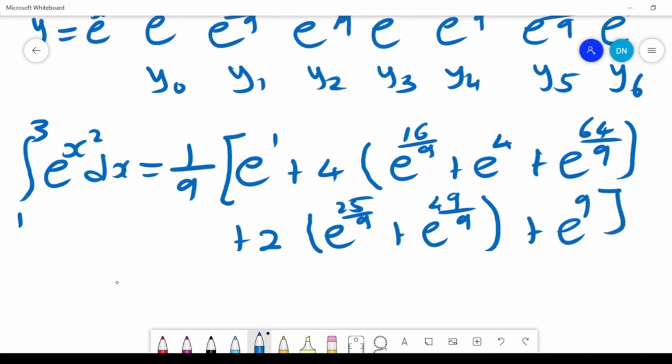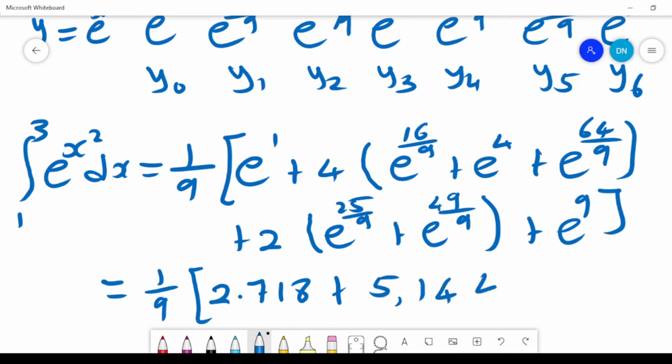And therefore, if you do all those computations, it will give you 1 over 9. The first value is e raised to power 1, which is 2.718. And then the second part, which is 4 times those 4 terms, will give you 5,144.092.